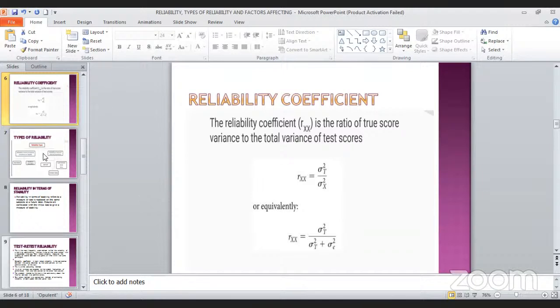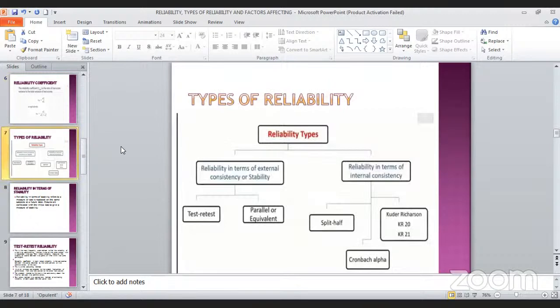So if you consider the types of reliability, you can understand there are several types, and we can classify reliability in terms of external consistency and in terms of internal consistency.